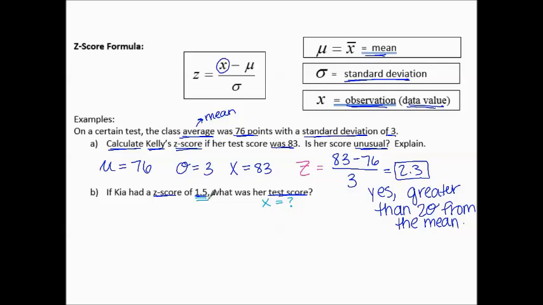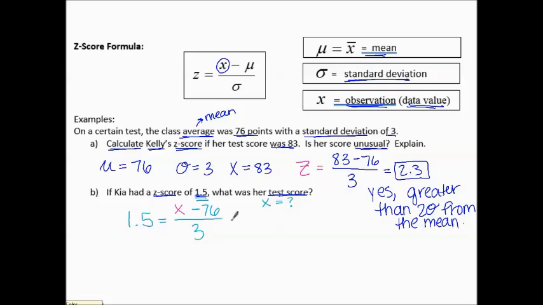So this time, instead of writing z equals, I'm going to write 1.5 equals. This time, I don't know X, but it's the same mean, and it's the same standard deviation. But now I can't just type this into my calculator. I need to solve for X.